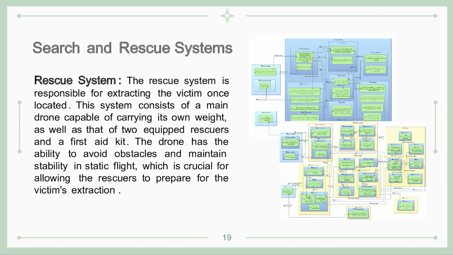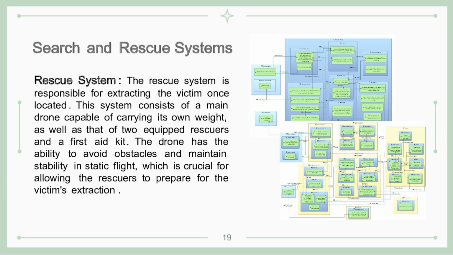It consists of a high-capacity drone capable of carrying its own weight and transporting two rescuers equipped with the right tools. The drone is capable of reaching the victim's location with advanced obstacle avoidance technology, allowing it to navigate safely in a complex environment.